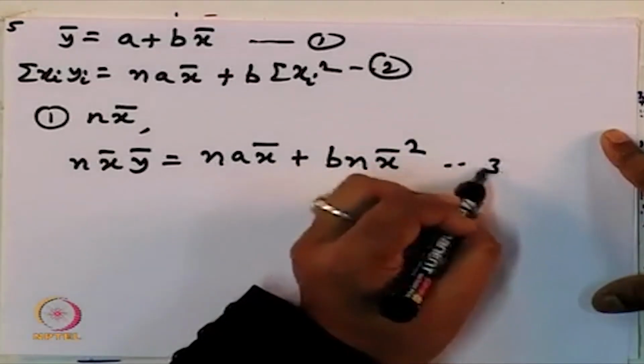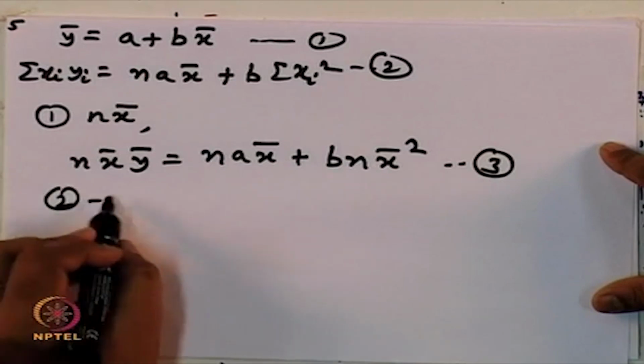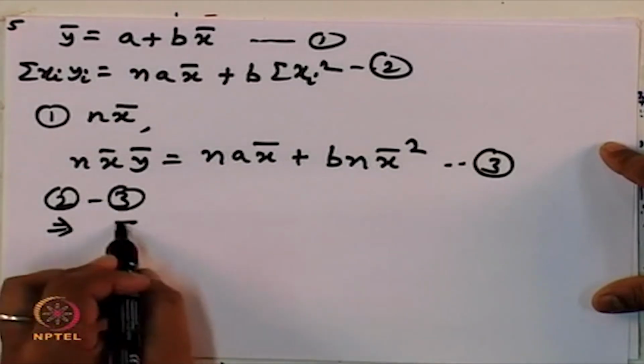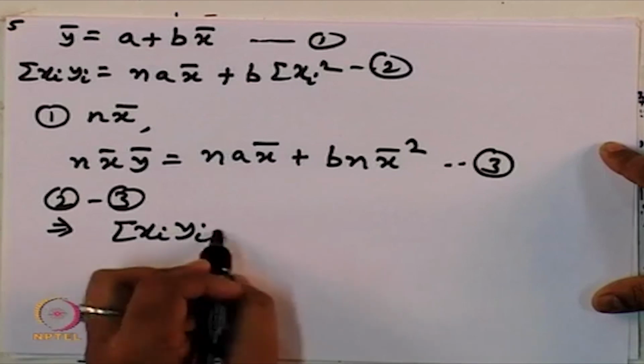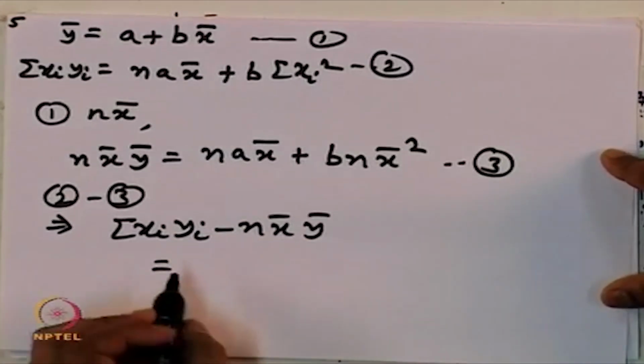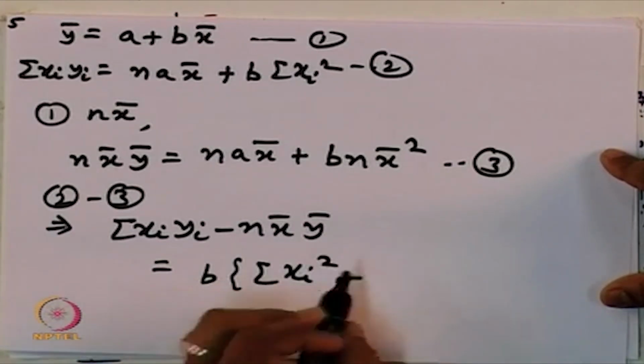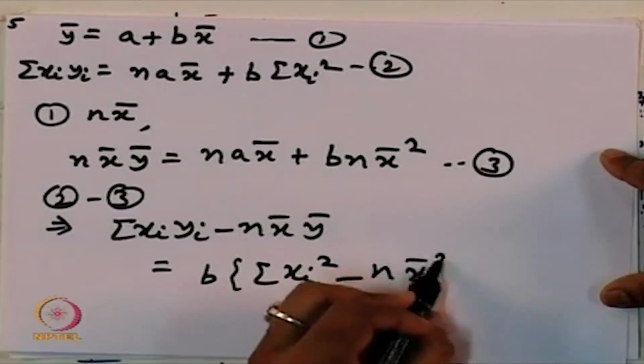Let us say this is equation 3. If I deduct, then 2 minus 3 would imply summation xi yi minus n x bar y bar is equal to b times summation xi square minus n x bar square.